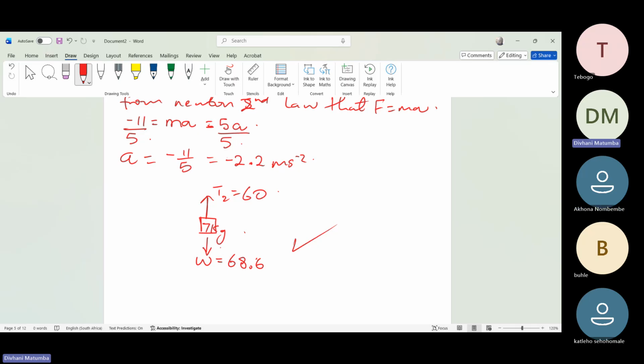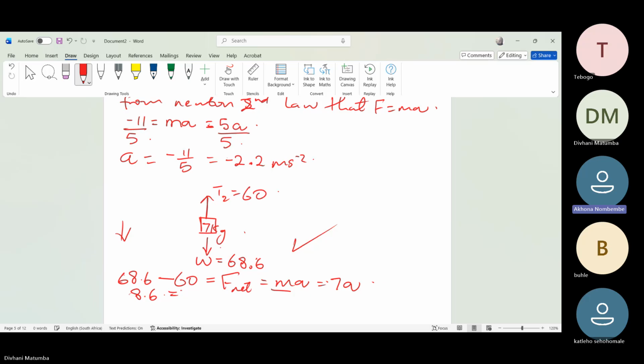This makes sense because the system will be going downwards. So our net force, if we choose downwards as positive, 68.6 minus 60 will give us the net force, which is equal to MA. And our M in this case is 7. So we have 7 times acceleration. 68.6 minus 60 is 8.6.